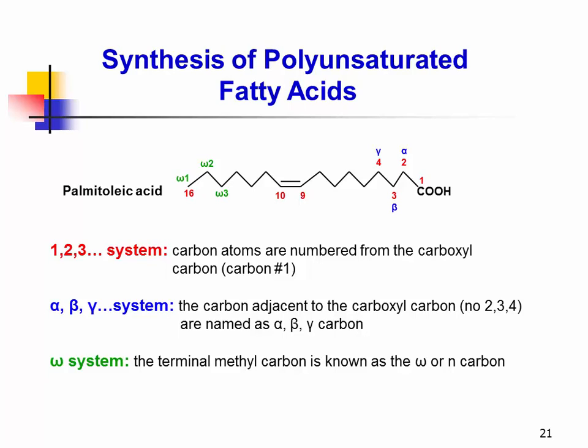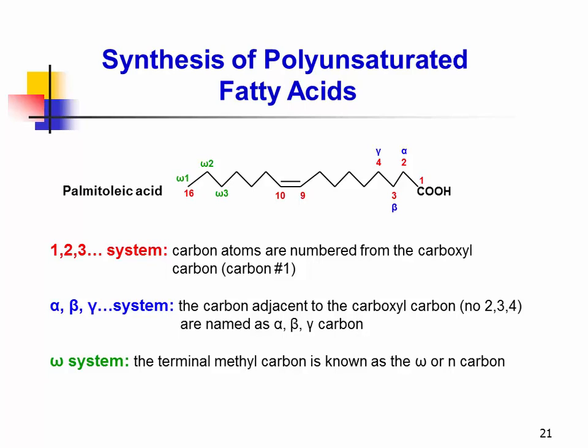We're also going to talk about fatty acid oxidation, which we call beta oxidation or alpha oxidation, so I wanted to clarify these different kinds of naming systems. In the literature, we have 3 different numbering systems.